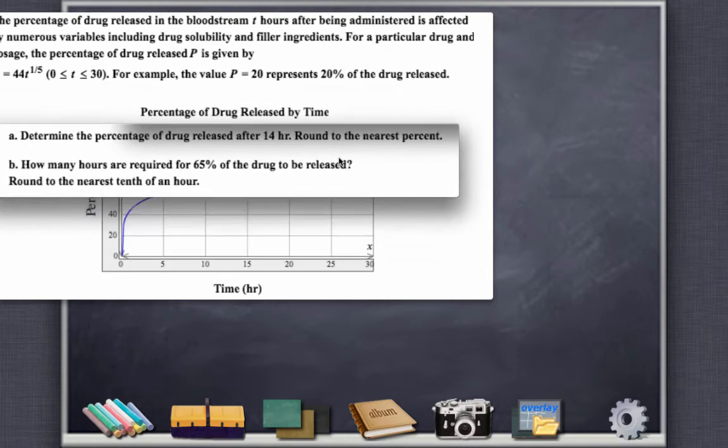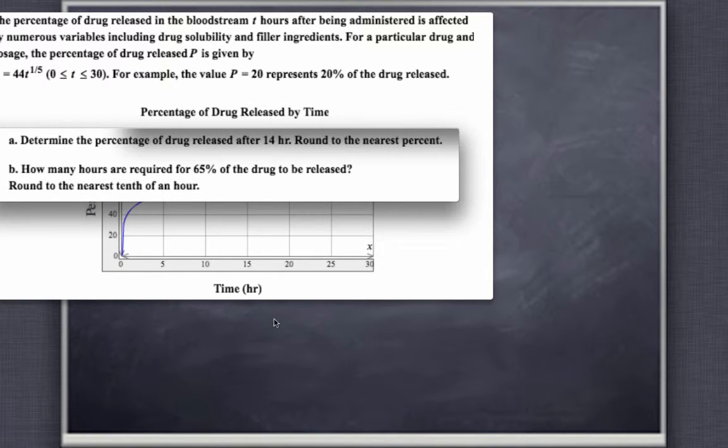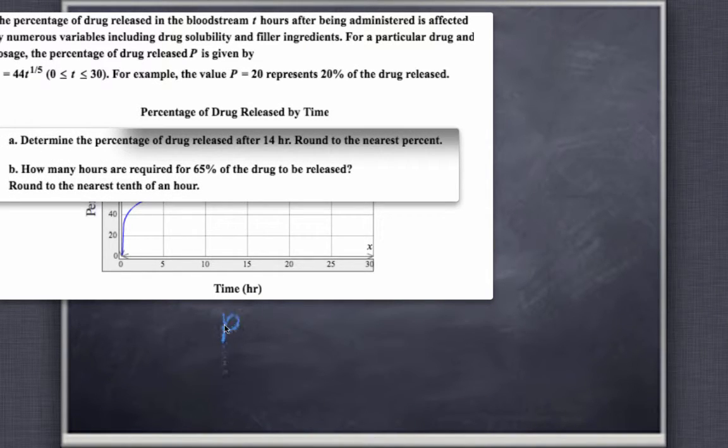Okay, so we want now for P to be 65. So we want to know when 65 has been released. So 44 t to the 1/5 equals 65.